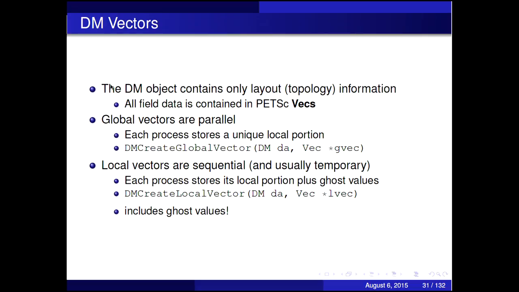So the DM object tells you information about the layout of vectors and meshes, and there's some things you can get out of a DM, which are global vectors, and all that gives you is a vector that's got the layout for the given mesh with enough room for unghosted vectors, and DMCreateLocalVector, which does the same thing except it gives you back ghosted vectors with room for the ghosted values.